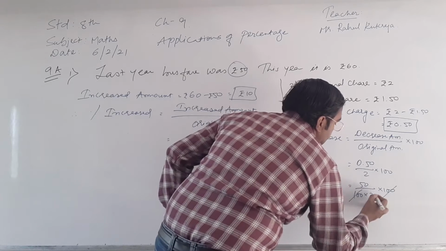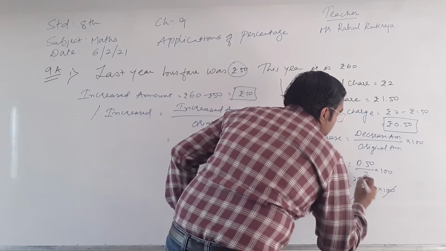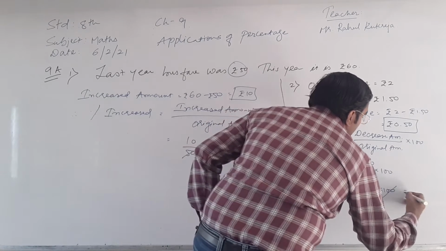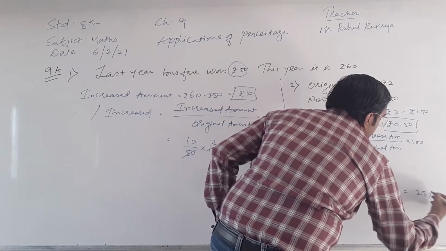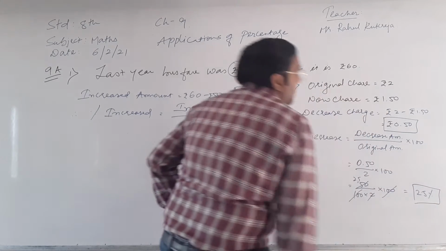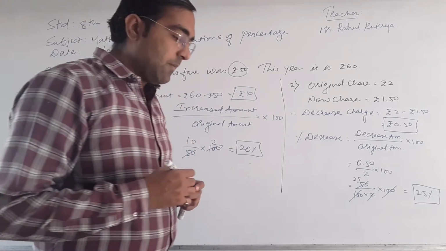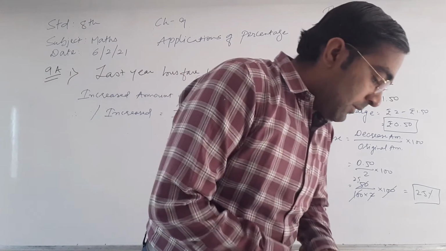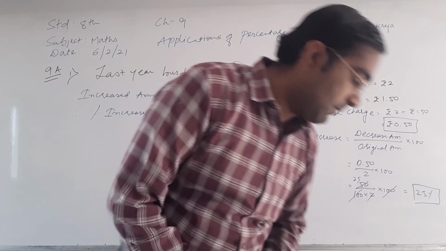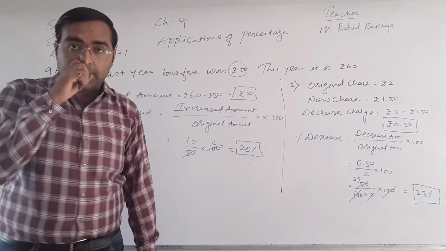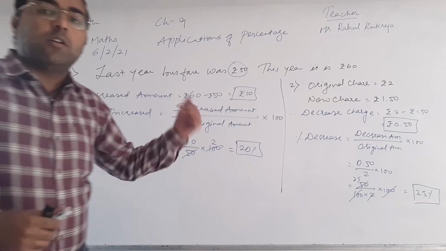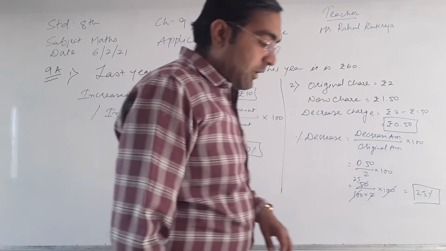So 100 is cancelled out. 2 twos are 4, 25 twos are 50. So how much percent decrease? 25% charges are decreased from the last 5 years. Clear that? So first of all, note down both of the sums, then we are moving on to question number 3.